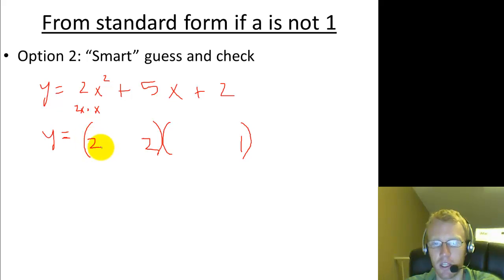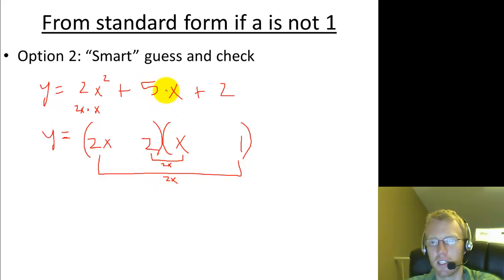So I could try putting a 2x here and an x here. If I do my outers, I get 2x times 1, and if I do my inners, I get 2 times x, which is 2x and 2x. But 2x and 2x, outers and inners, don't combine to give me 5x, so that's no good.